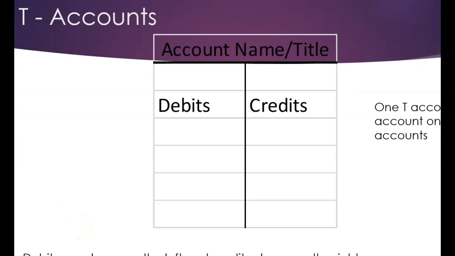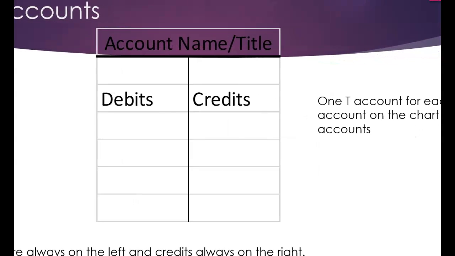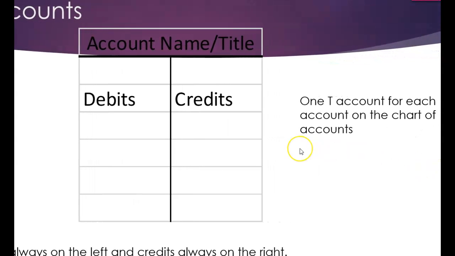So a T account looks just like a T. One side is the debit side and one side is the credit. Now, again, we want to make certain that when we're talking about a T account, what is it actually showing? I believe, in my personal belief, a T account is really a visual of exactly what's happening with a particular account.